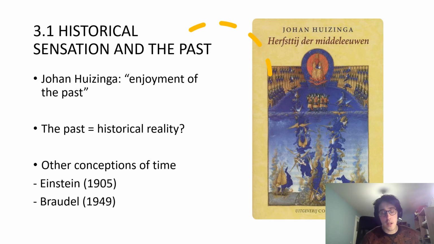Another important conception of time, of course, is Fernand Braudel's conception of time that emerges in his La Méditerranée et le Monde Méditerranéen à l'époque de Philippe II, his big work that he wrote while he was a prisoner of war in the 1940s, where he writes about history happening in the Mediterranean.